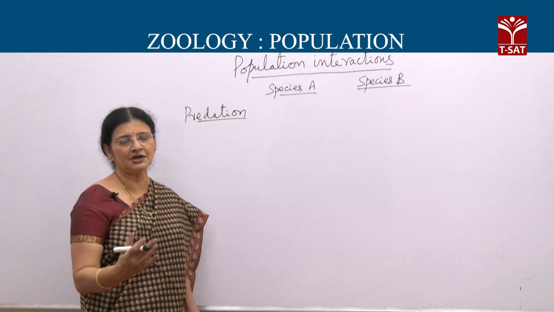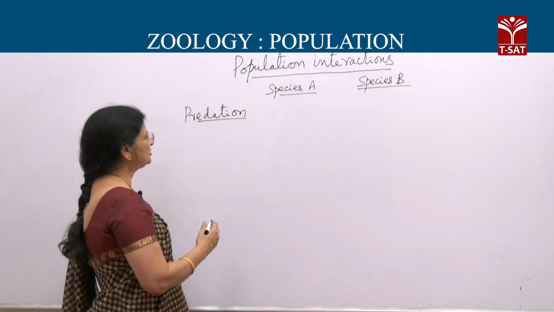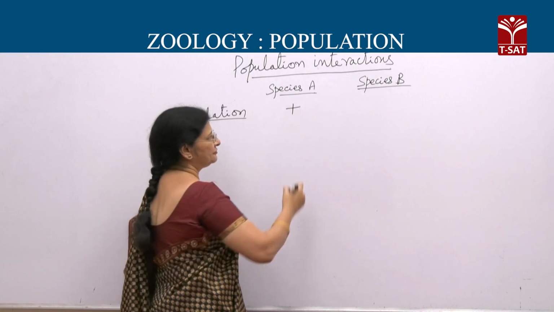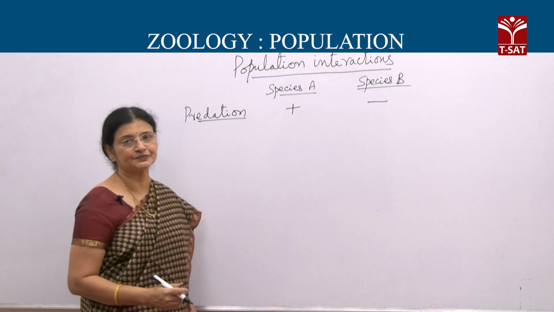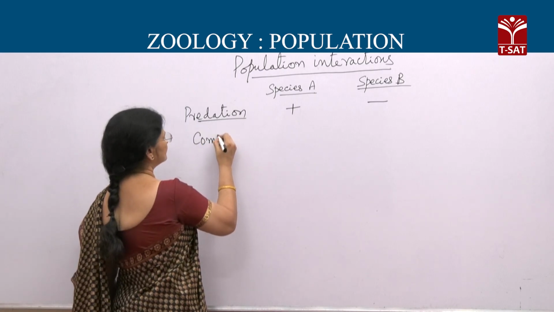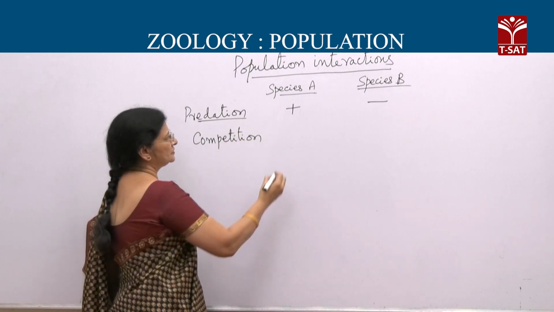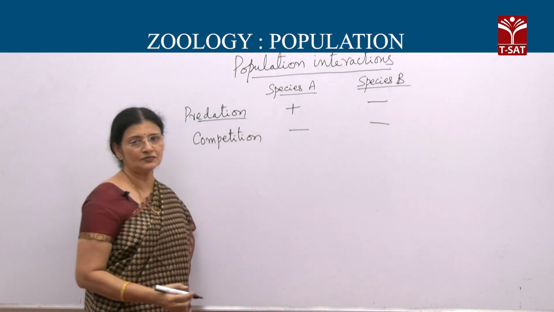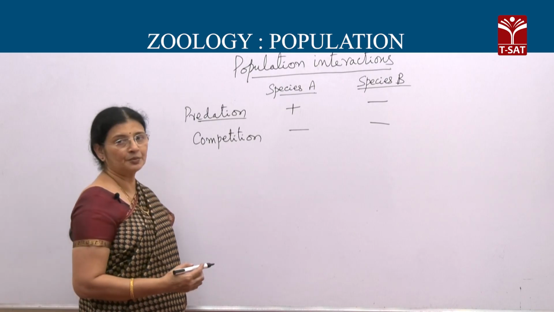They feed on other organisms like herbivores and all. So in predation, species A is getting benefited, species B is getting harmed. Then if you take competition, in competition both the species are getting affected.